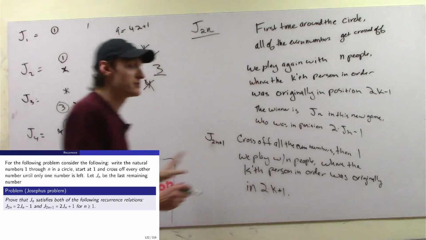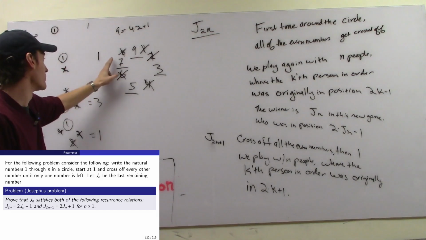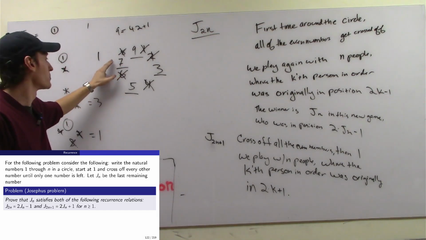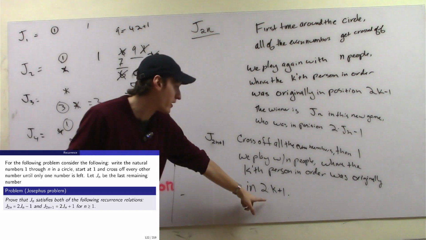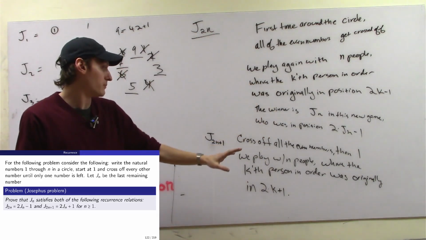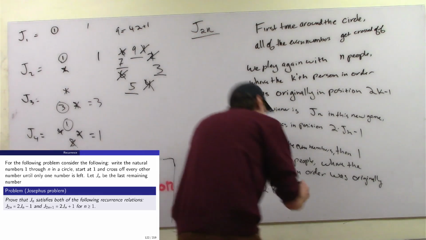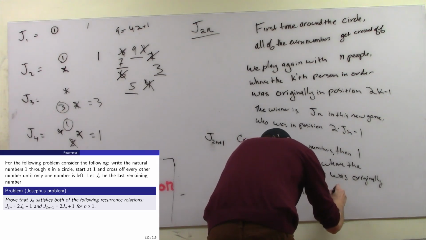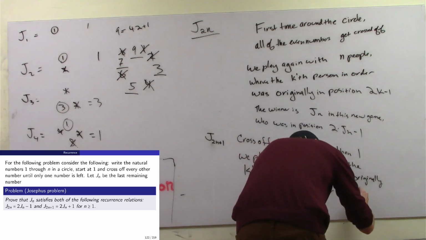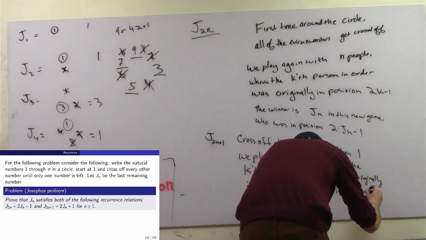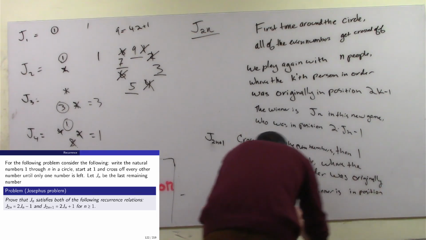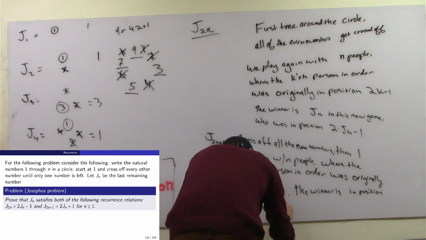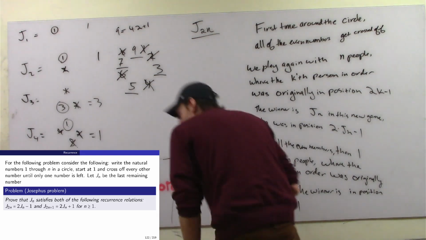I have n players, so whatever J sub n is, maybe the third player wins, and their original position was 2 times that value plus 1. So the winner is in position 2 times J sub n plus 1.